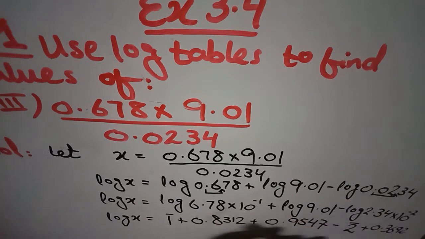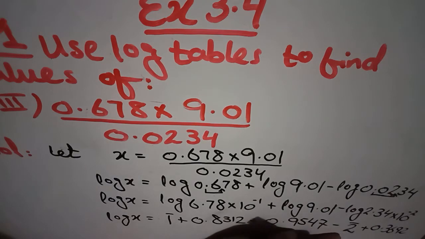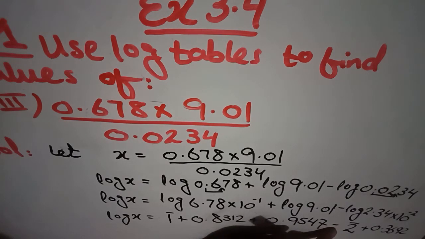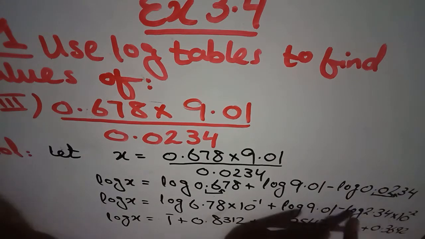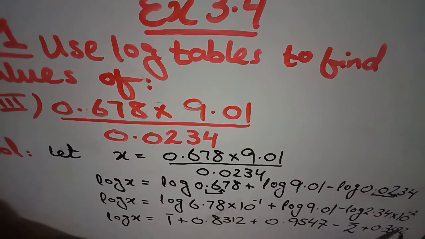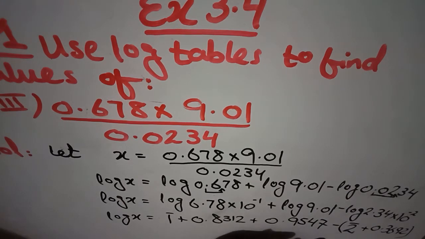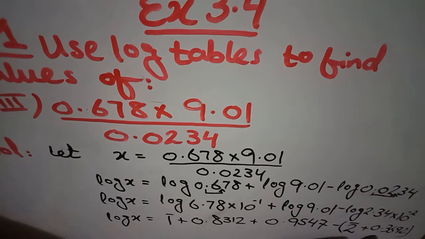Now move towards all the values that we have got here. Because there is a negative sign with this value, this minus sign is multiplying with all the values. So I am putting the bracket here for your assistance, so it is easy for you to understand that this minus is multiplying with all these values.